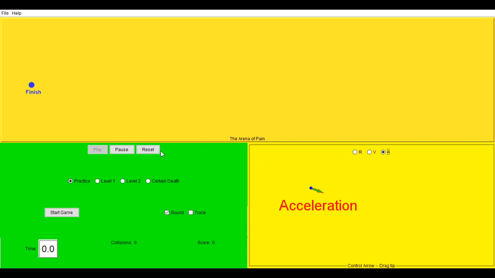If the acceleration of the object is somehow larger, then expect that the object travels faster. That's the velocity of the object. If the arrow is longer, like the one that I have right here, the velocity is faster.